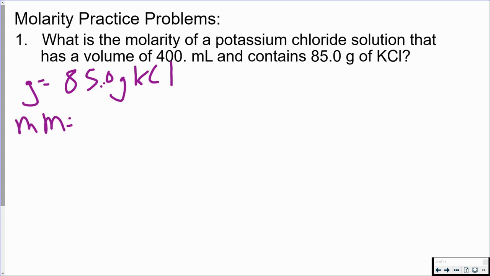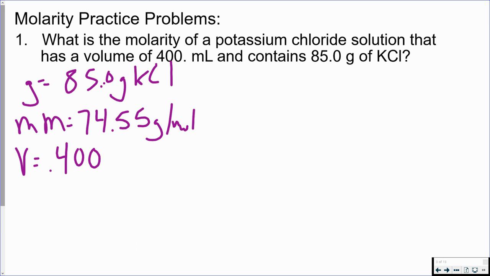So if you take the mass of potassium and the mass of chloride and you add it together, you're going to get 74.55 grams per mole. And then volume has to go into liters. So you're going to move that decimal 3 places to the front, putting it in front of that 4. So you get 0.400 liters.